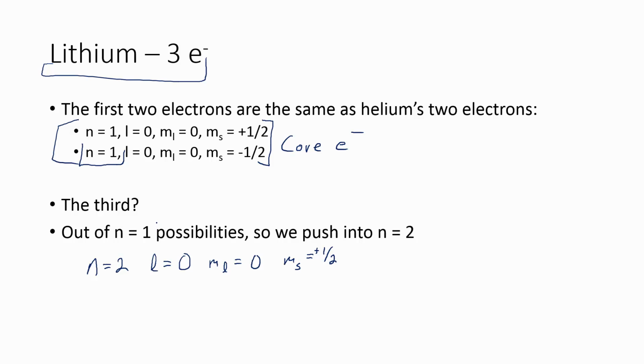Once we move into the second row of the periodic table, we're in a new distance, a new shell, one that can hold 8 possible electrons instead of the 2 that the first row can hold. And that n equals 2 designates that farther out distance. And now this is the valence set of orbitals for the second row's set of elements.